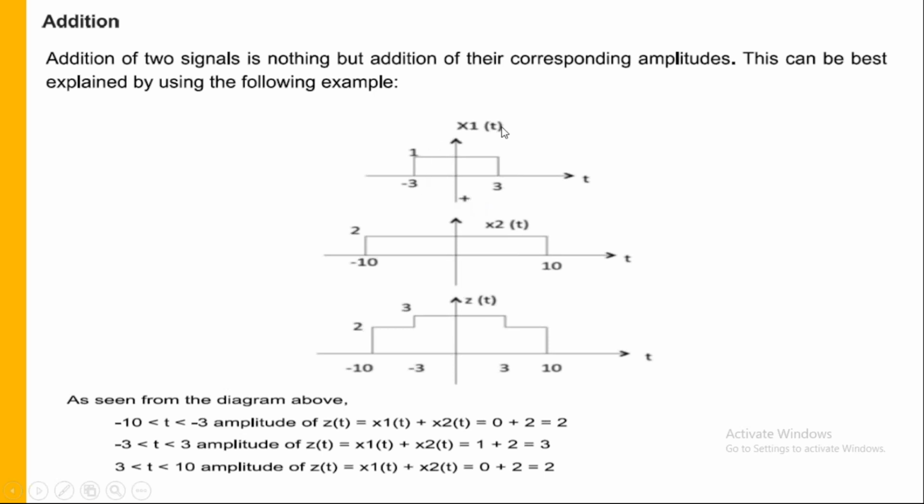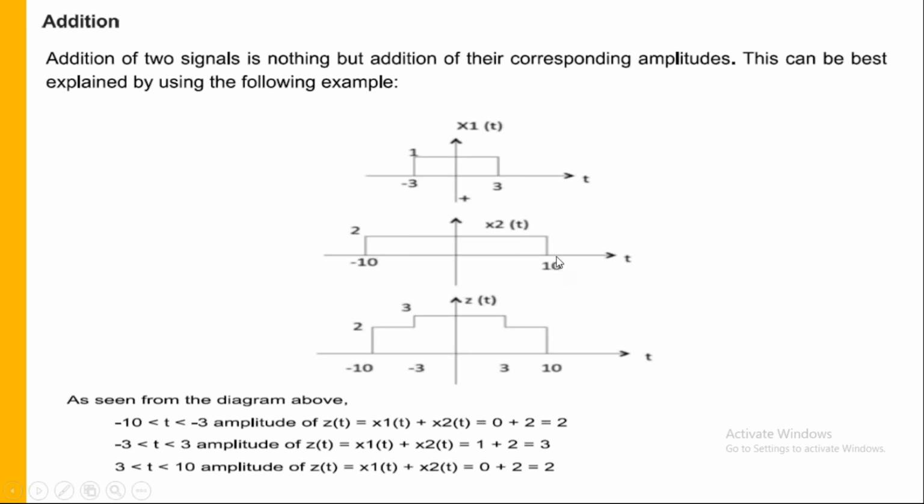Let us see. I consider x1 of t. Try to observe this waveform x1 of t. This x1 of t exists between -3 to 3 with an amplitude of 1, whereas x2 of t has an amplitude of 2 and exists from -10 to 10.